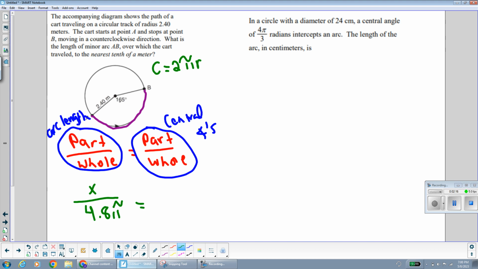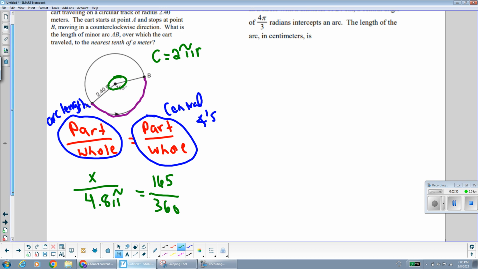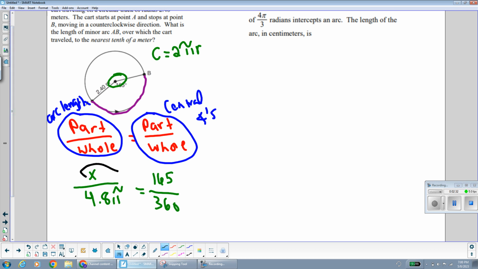The central angle of the slice of the circle that we're looking at is 165 degrees. And if we take all the central angles of a circle and add them together, they will add to 360 degrees. So from here, we have our proportion.